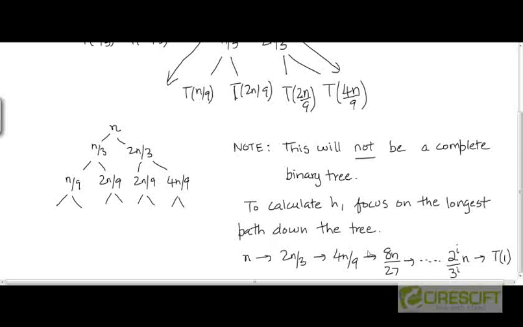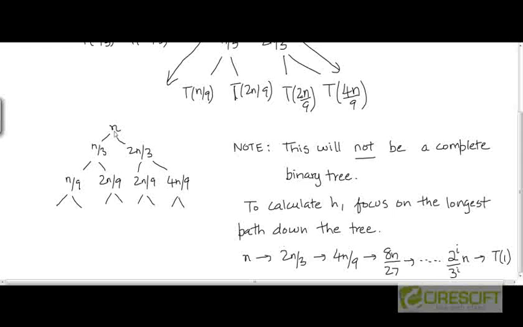So that will be the longest path because it will take the longest time for the subproblem size to reduce from n down to 1 along that path. And that's because even though the subproblem size is geometrically decreasing along that path, the common ratio here is 2 by 3.